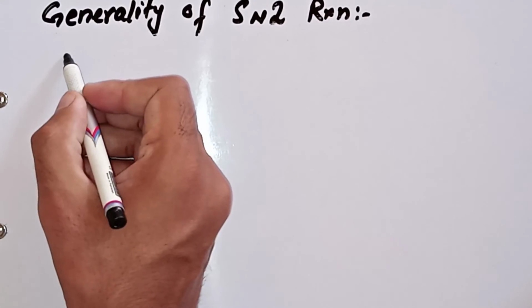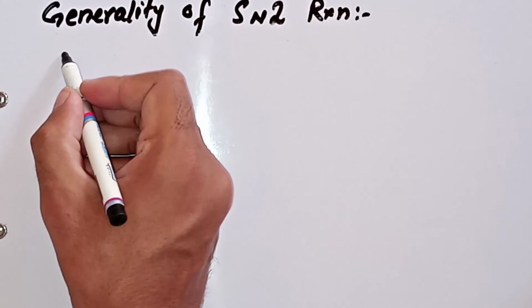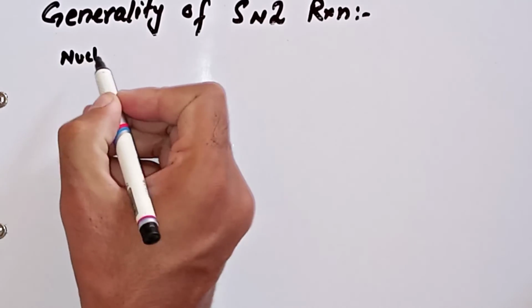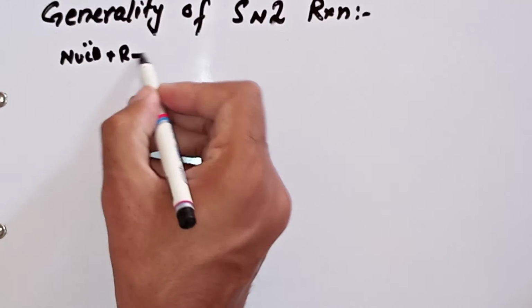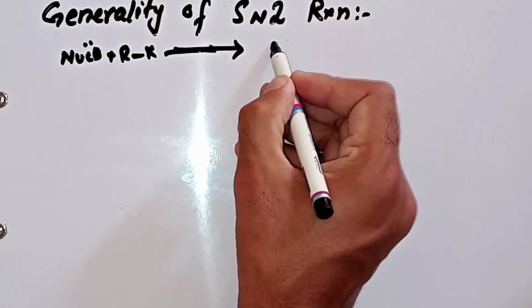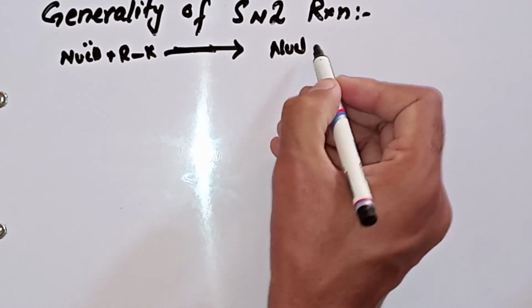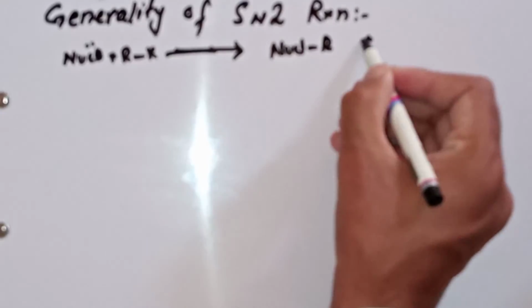The general reaction of nucleophilic substitution is when a nucleophile attacks an alkyl halide, it produces an alkyl nucleophile plus halide ion.